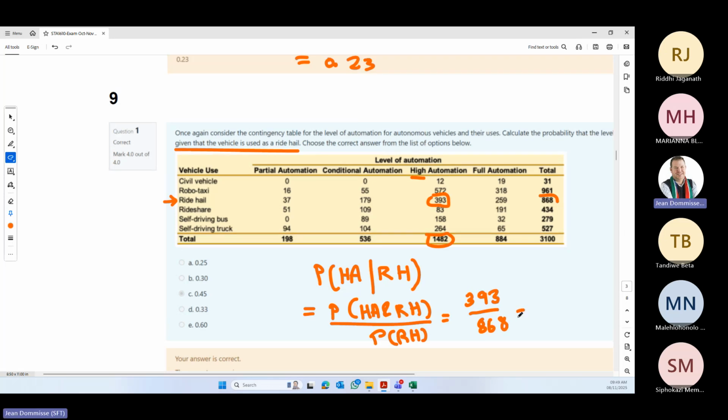That looks like something like 0.3, but let's quickly check. 393 divided by 868, 0.45.